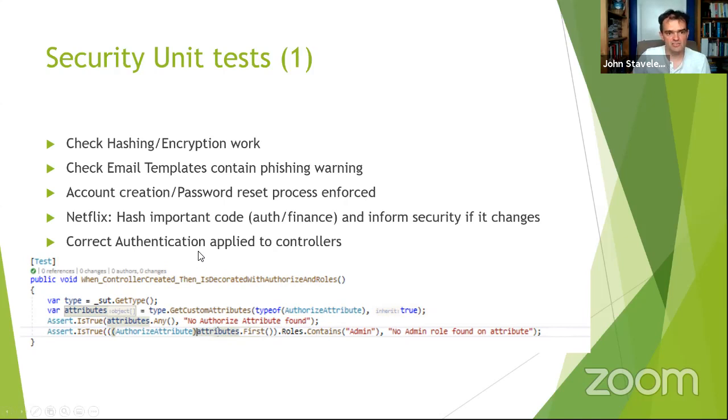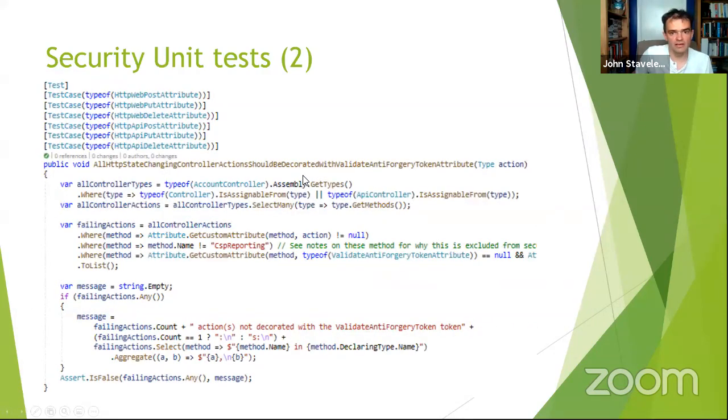This unit test just checks that the correct authentication is applied to controllers. If someone removes the admin role or the authorize attribute off a controller, this unit test will start failing. This unit test, again all in the source code, will check that all of your controllers, Web API or MVC, are decorated with the validate anti-forgery token.